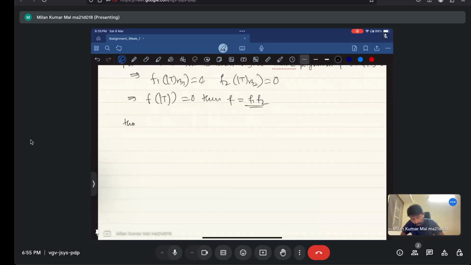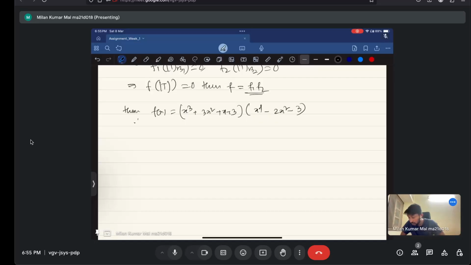Therefore, f of x is equal to the product of these two polynomials, that is x cubed plus 2x times 3x squared plus x plus 3 into x to the power 4 minus 2x squared minus 3. So the degree of f of x is equal to 7. Option A is correct, and simultaneously option B is false.